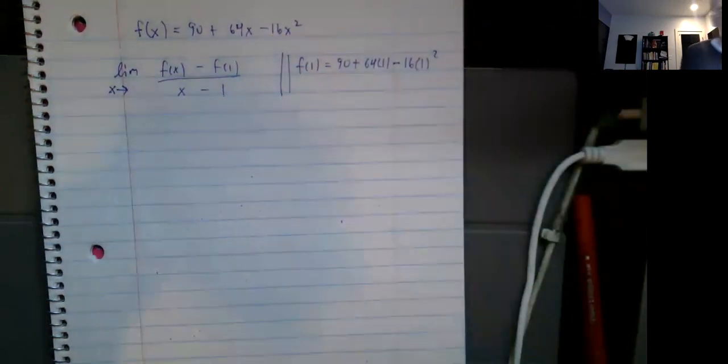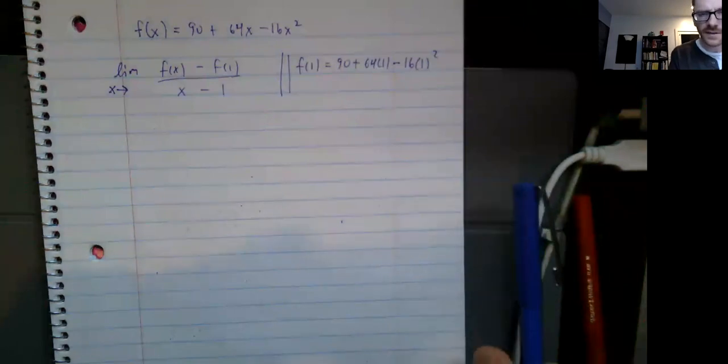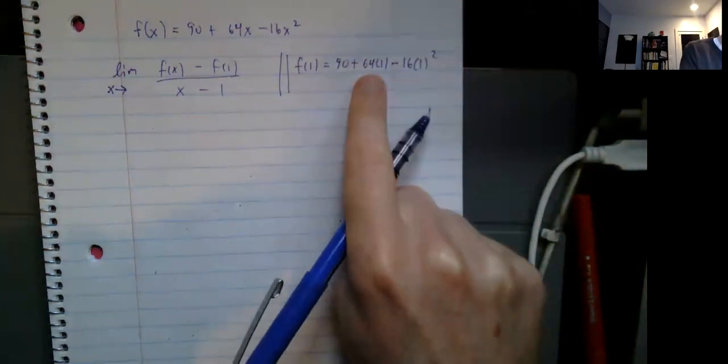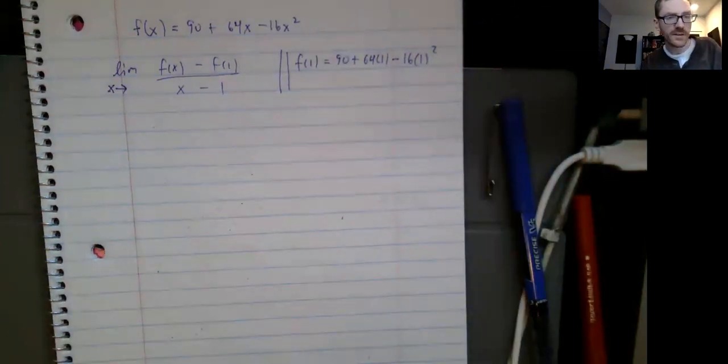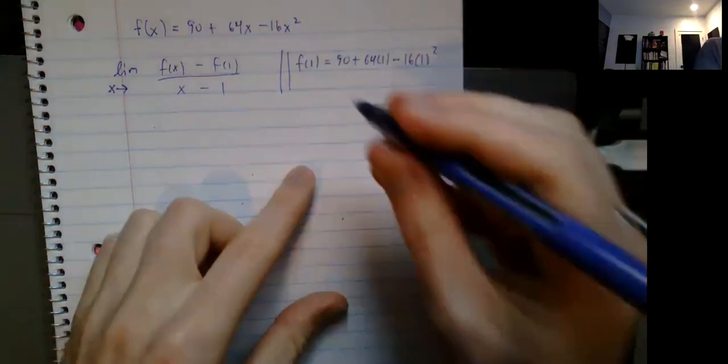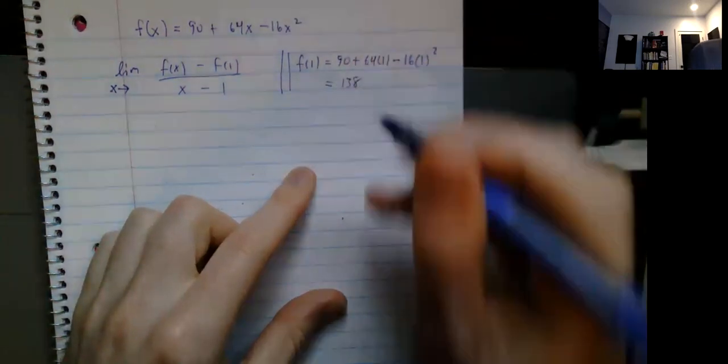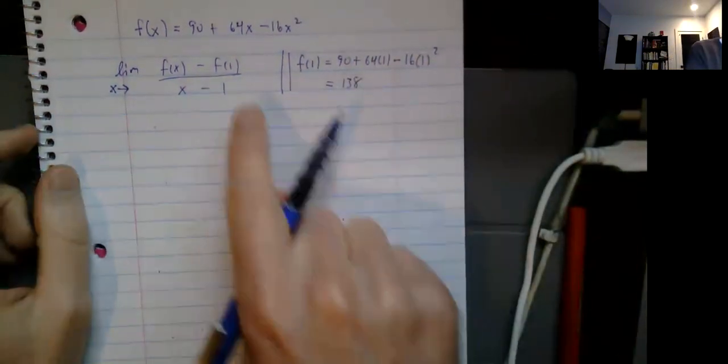I'm just plugging 1 into this expression. So that's 90 plus 64 minus 16. I think that's 138. Is that right? Let me ask my calculator really quickly. 90 plus 64 minus 16. Yeah, it's 138. Okay, so I can replace f of 1 with 138.